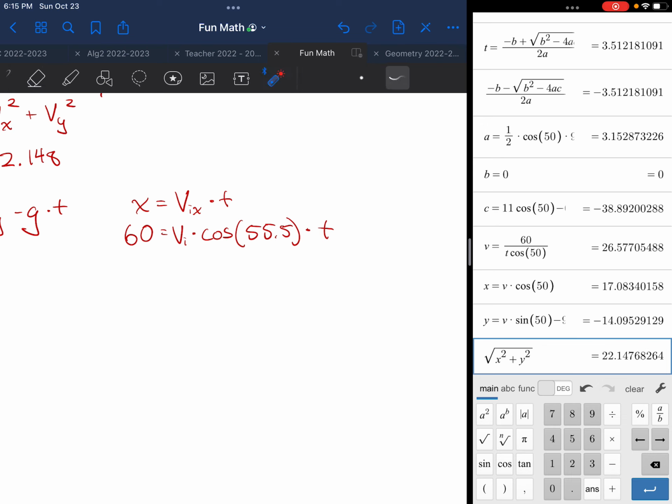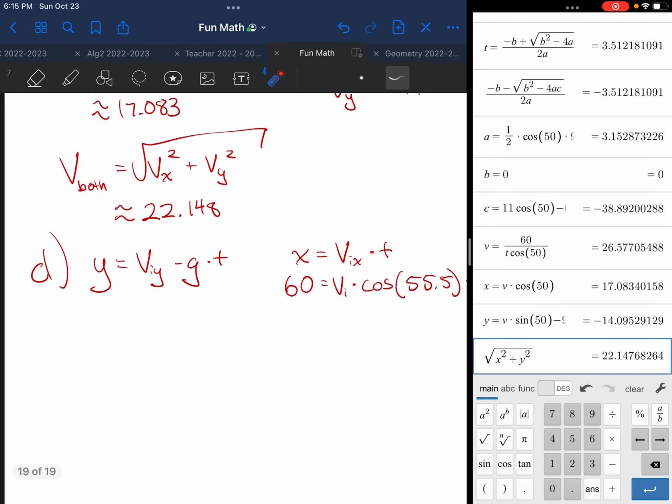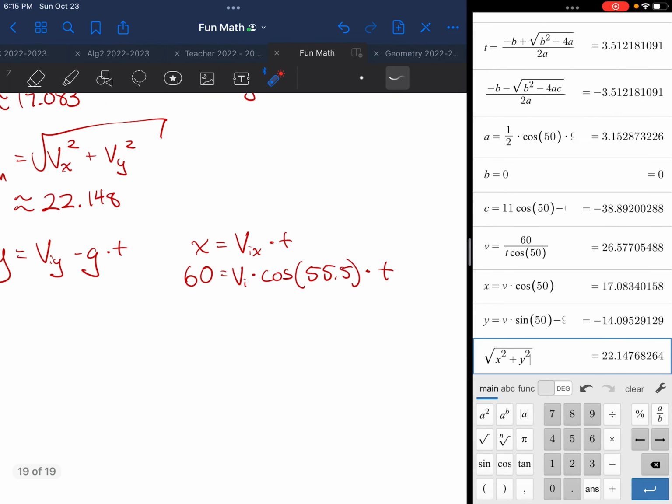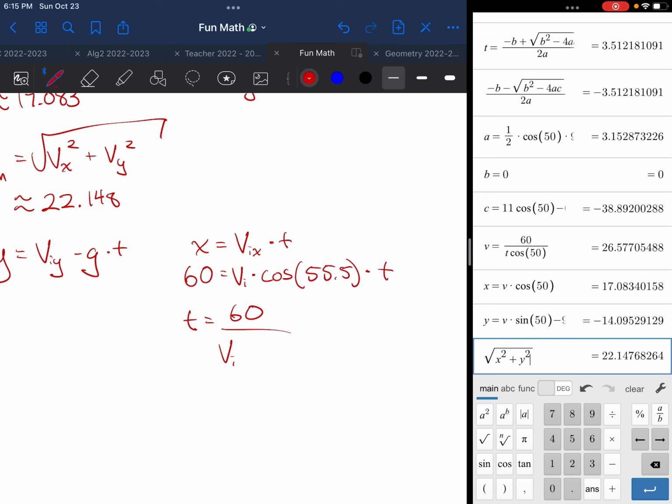So I know that whatever number we found for VI is this 26.577. Plugging all that in, t is going to be 60 divided by whatever that initial velocity is that I stored times cosine of 55.5.